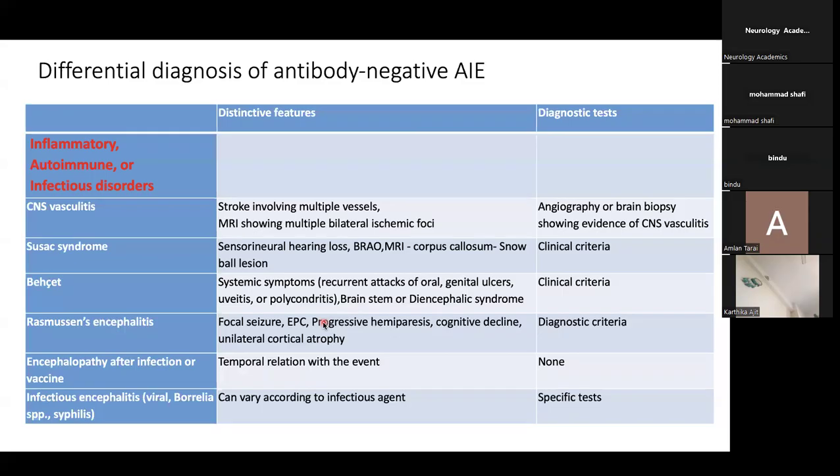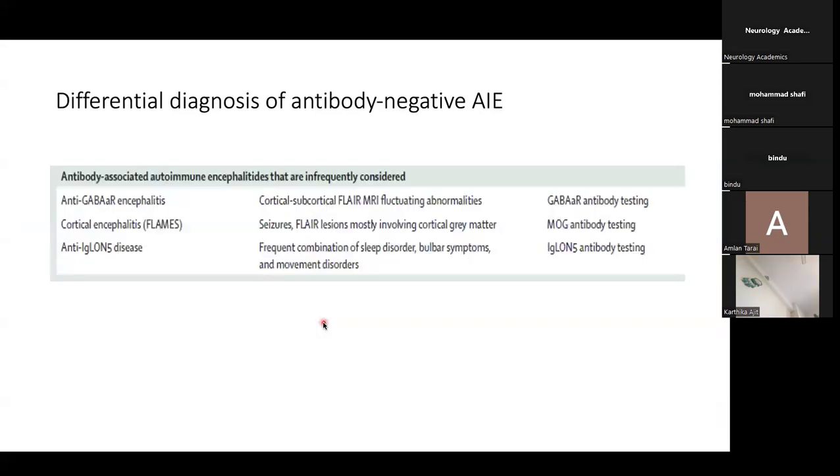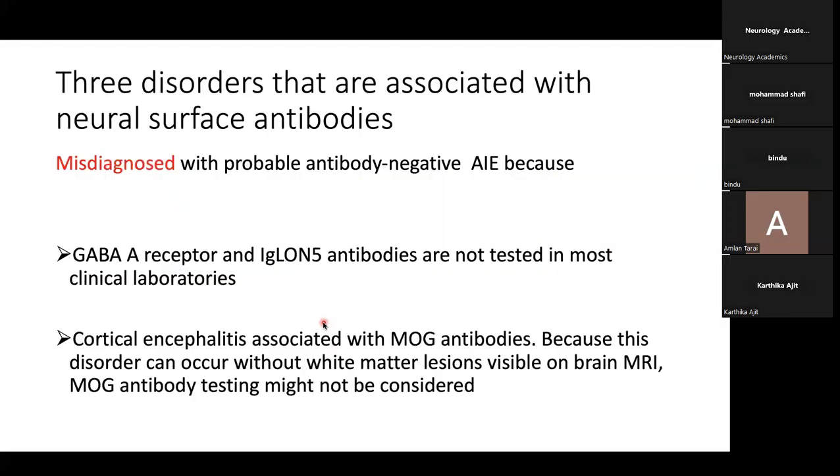Another differential diagnosis is antibody-associated autoimmune encephalitis that is infrequently considered. These include anti-GABA-A antibody, cortical encephalitis like FLAMES, which is a subtype of MOGAD, and anti-IgLON5 disease. These 3 disorders are associated with neural surface antibody, so sometimes they are misdiagnosed as probable antibody-negative autoimmune encephalitis.